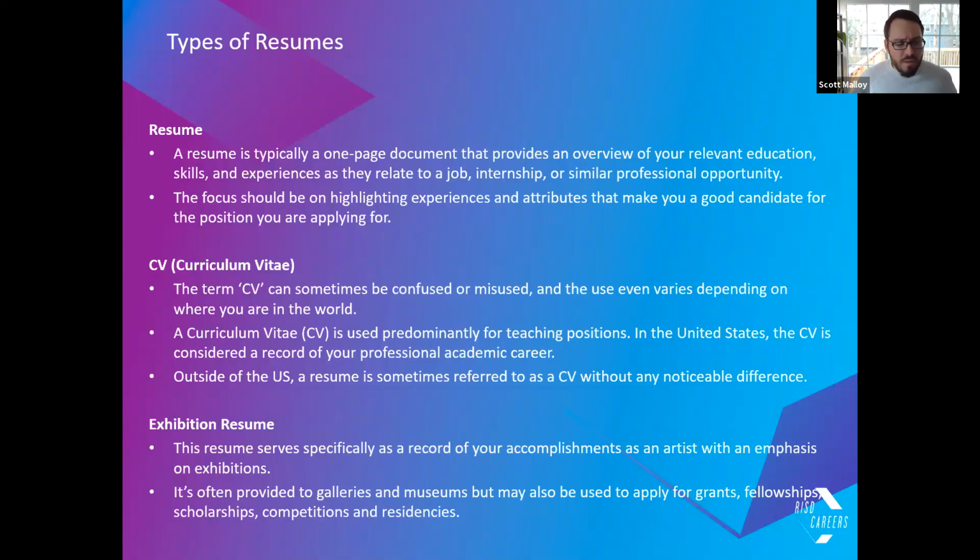One type of resume that most people are quite familiar with is the traditional resume, which is typically a one-page document. This is the type of resume you'd be creating if you were applying to a job or an internship or a similar type of professional opportunity. The focus for this kind of resume is highlighting the experiences and attributes that make you a good candidate for the position, job, or internship that you're applying for.